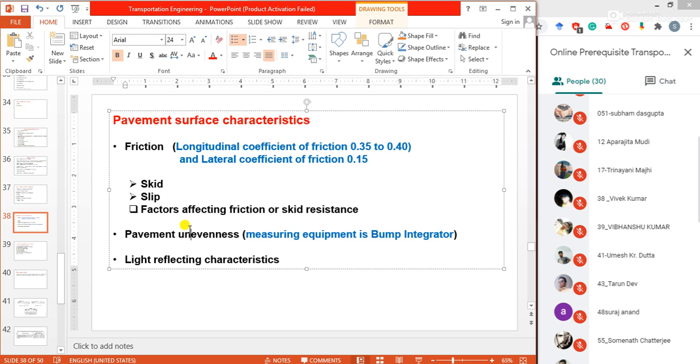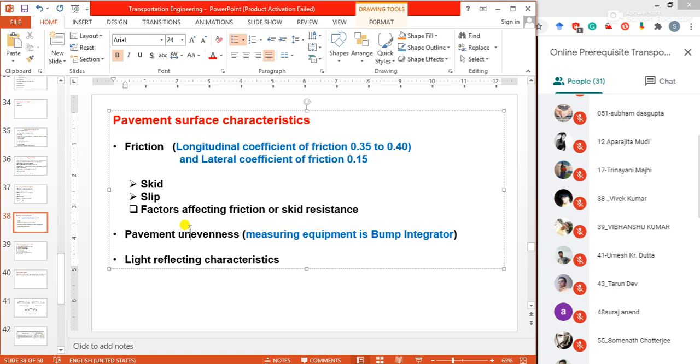So lateral skid happens normally when the vehicle negotiates a horizontal curve and the centrifugal force is greater than the counter-attracting force. Centrifugal force means the outer force acting on the vehicle, which is maximum compared to the counter-attracting force.